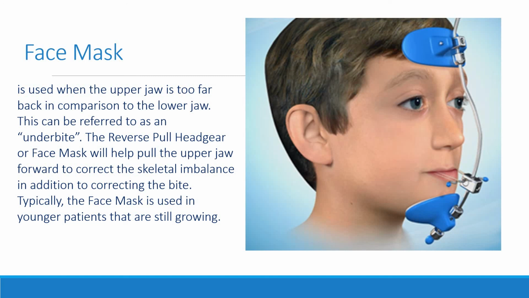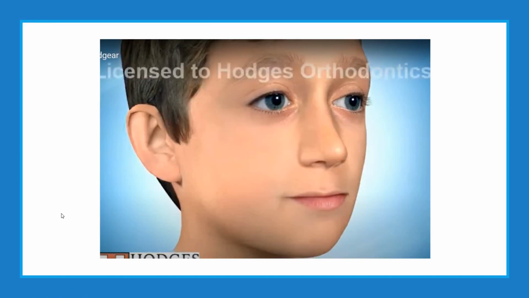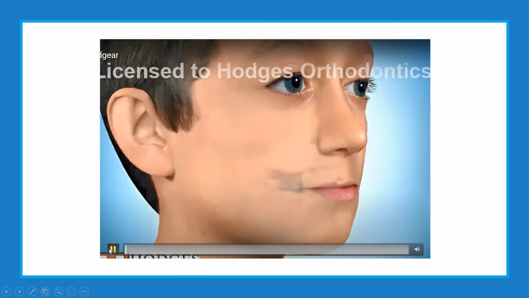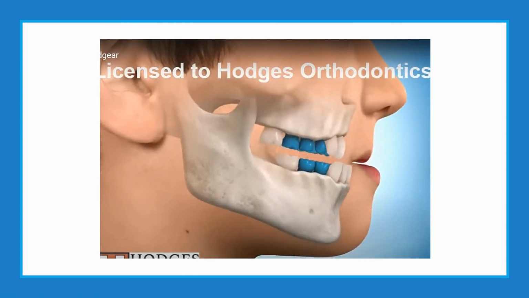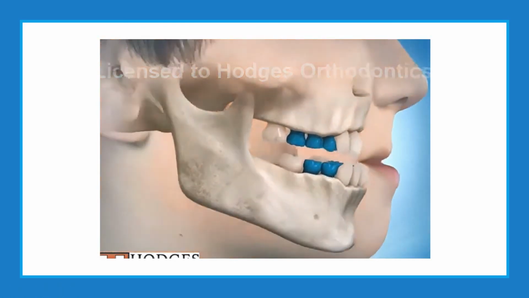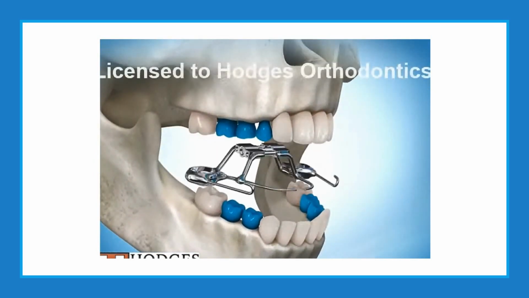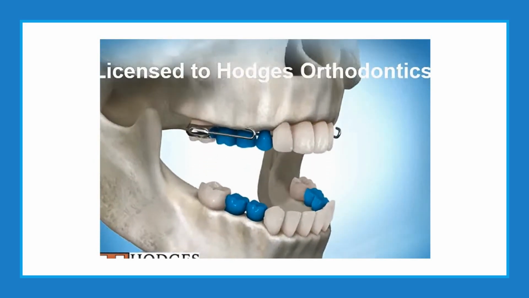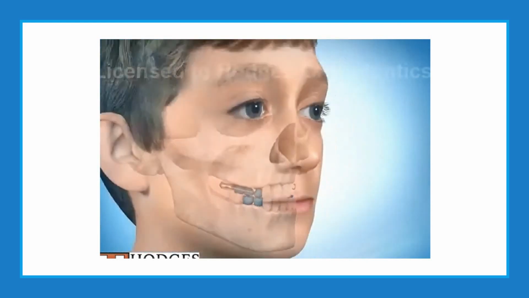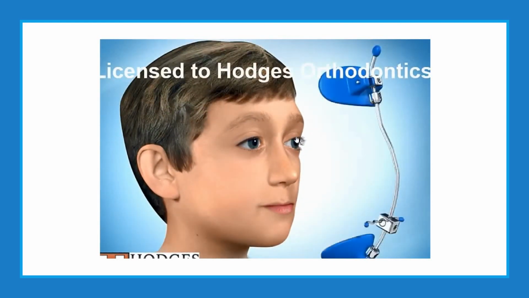It stimulates the growth of the retrognathic maxilla, and it can be fixed to a rapid palatal expander, like you see here. This is a combination of the maxillary fixed appliance and headgear.